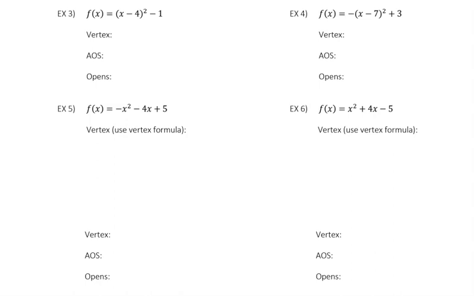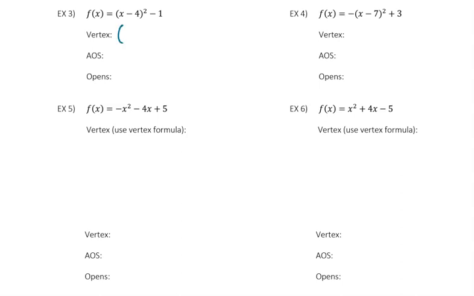So for example 3, we have (x minus 4) all squared minus 1. We want the vertex, the axis of symmetry, and if it opens up or down. So luckily this one is already in vertex form, so it makes it nice and easy.